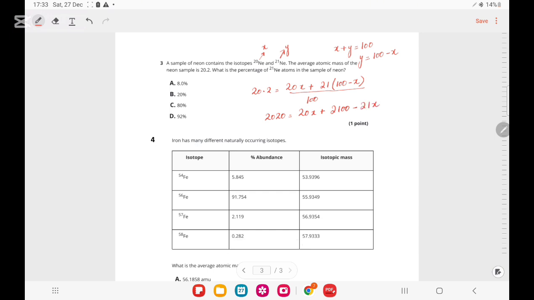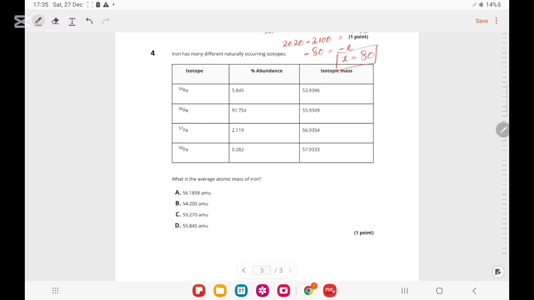So we can take 2100 over there, so it would become 2020 minus 2100, which is equal to minus x, and this comes out to be minus 80 is equal to minus x and x is equal to 80. And they want us to find for 21, which is y. Then y comes out to be 100 minus 80, that becomes 20. So the answer is going to be B.